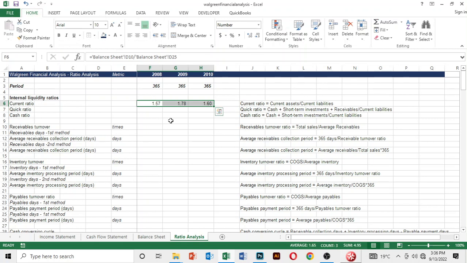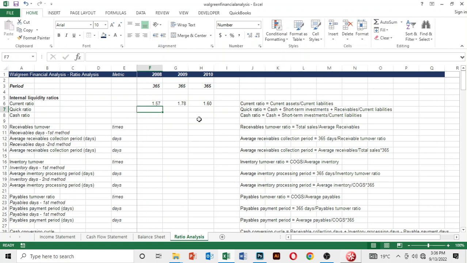We just wanted to remove the decimal places, or rather adjust the decimal places, and that's the reason why I pressed Alt H 0. Basically we have now computed our first ratio, the current ratio, and we can see the current ratio for 2008, 2009 and 2010.